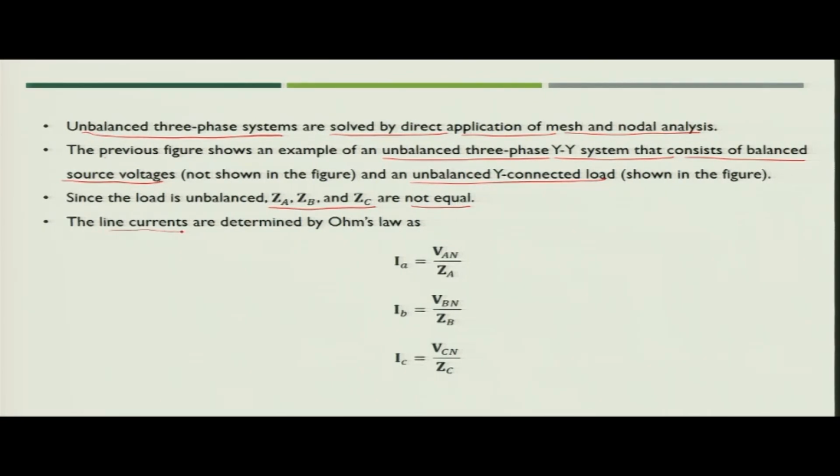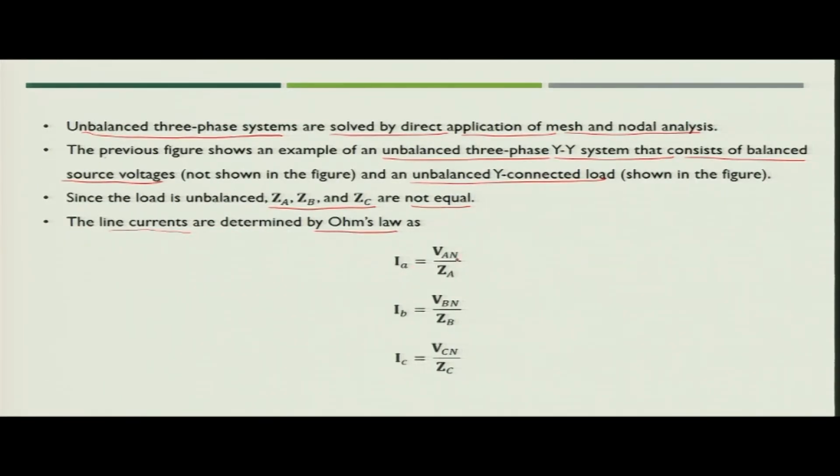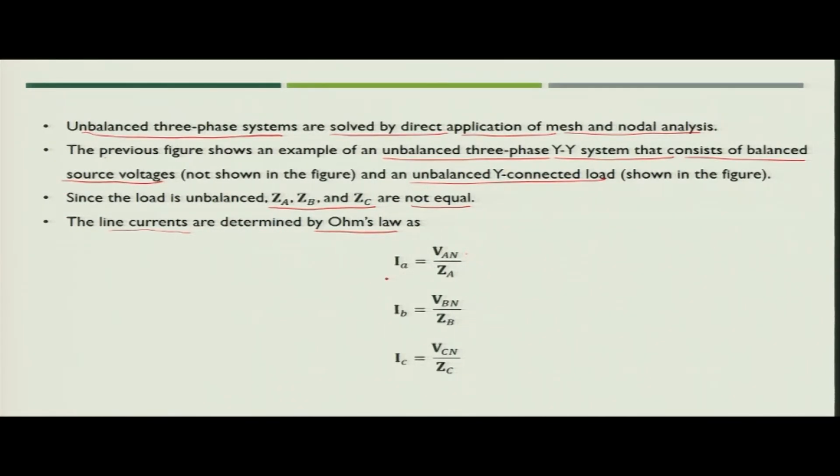Now, we calculate the line current with the help of Ohm's law. IA is the line current for line A, and IB and IC are for lines B and C. So, IA will be VAN divided by ZA, where VAN is the voltage across the impedance ZA.